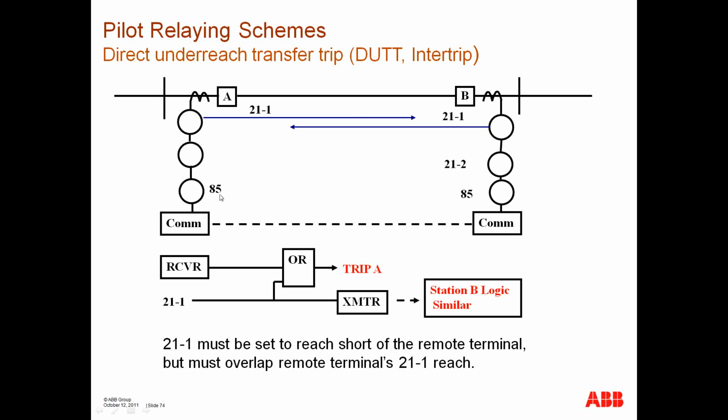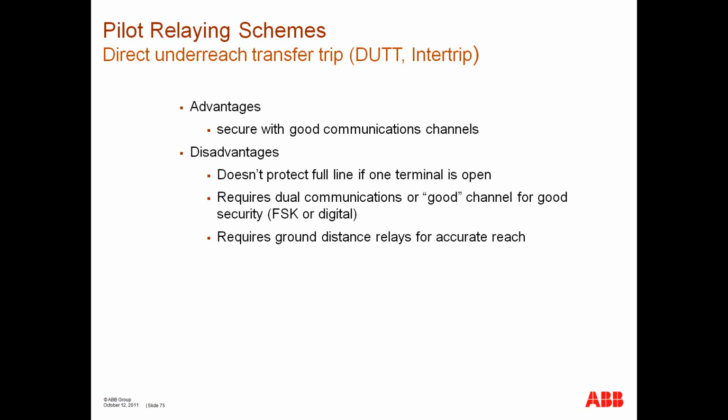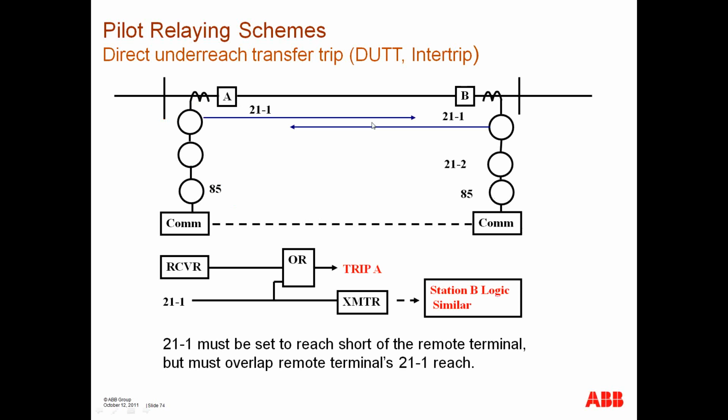That's basically what it does. Very simple. It's secure with good communications, but it doesn't protect the full line if one terminal is open. For example, if this end is open, you can't protect it if this region doesn't see it.